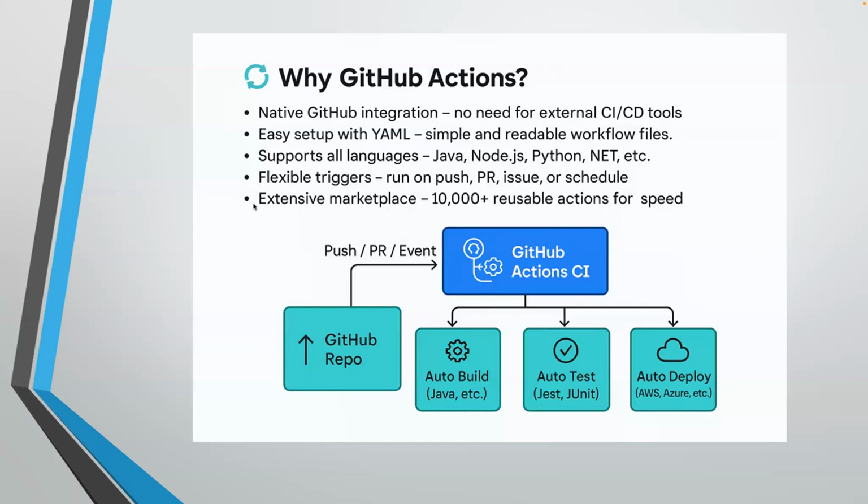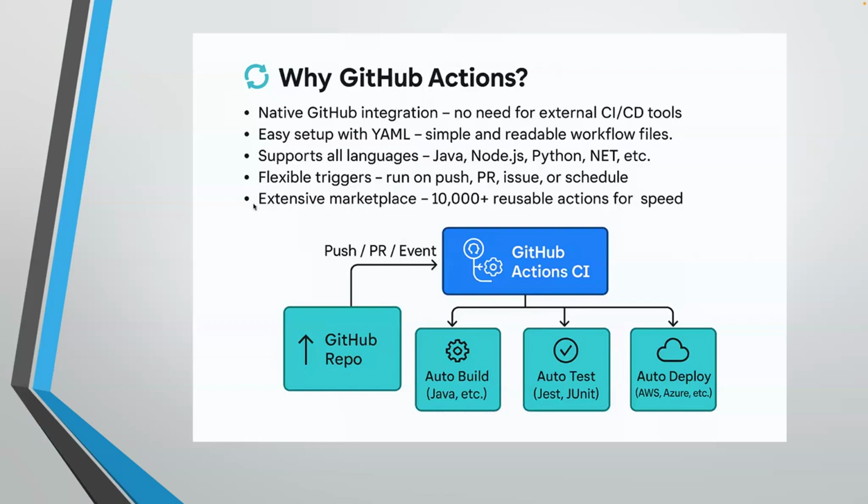Another great thing about GitHub Actions is it doesn't matter what kind of technology stack you are using to implement your website or services. It could be Java or Node.js or PHP or Python. It doesn't matter. GitHub Actions supports pretty much all the technology stacks. And GitHub Actions is purely based on events.